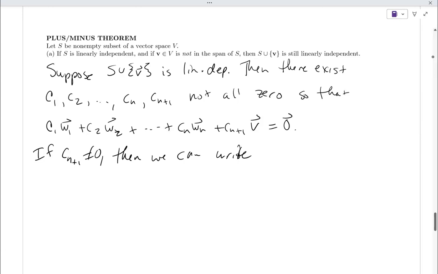V, right? I can move everything over to the other side and divide by c sub n plus 1. There should be a minus sign. If c sub n plus 1 isn't 0, then I can solve for v. But what is it that we're assuming about v?